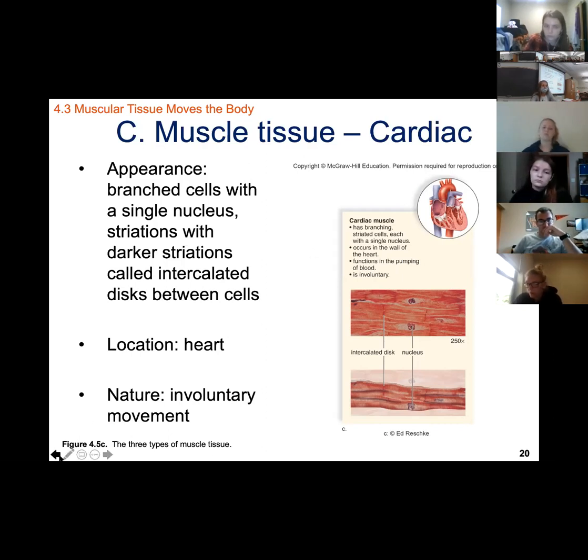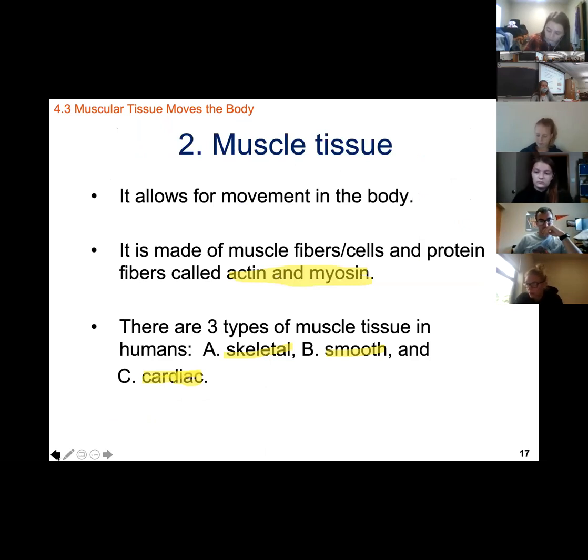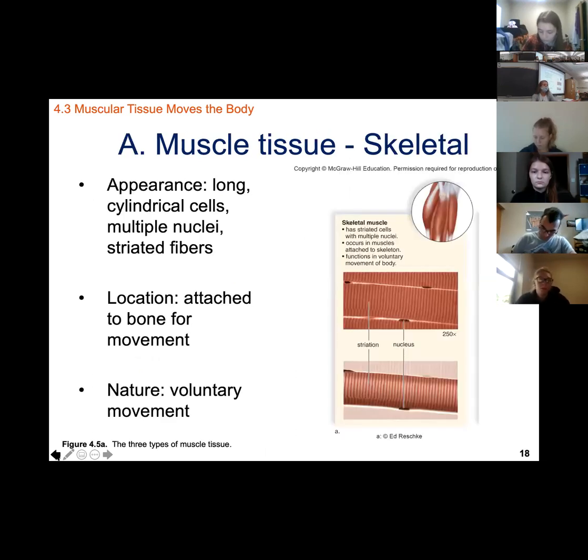So to review, we have connective tissue, and now we have muscle tissue. And muscle tissue is broken down into skeletal, smooth, and cardiac. So here is skeletal. We talked about it. It's striated, so it looks kind of like a bumpy stripe.